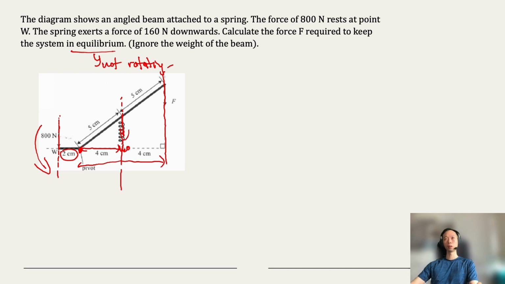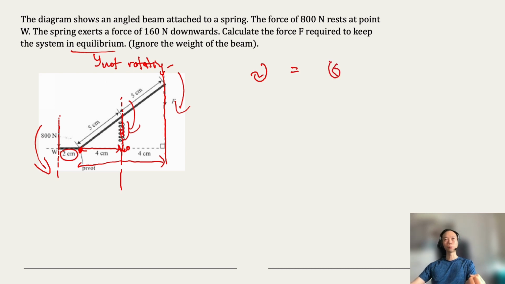Not rotating means your clockwise and anti-clockwise moments must be equal. So the 160 newtons is going to cause clockwise, and this force F is going to cause clockwise as well. Okay, so let's write down our principle of moments first. The clockwise moments must be equal to the anti-clockwise moments.